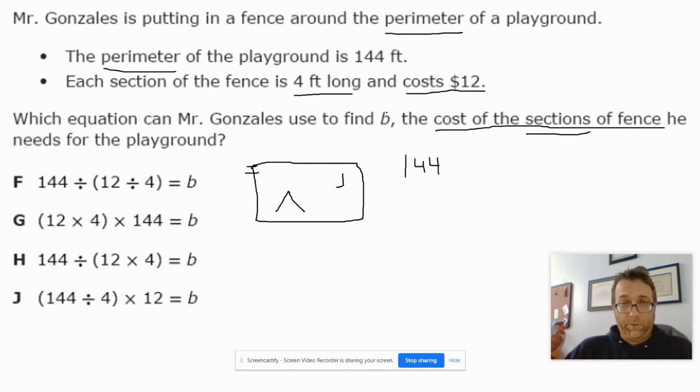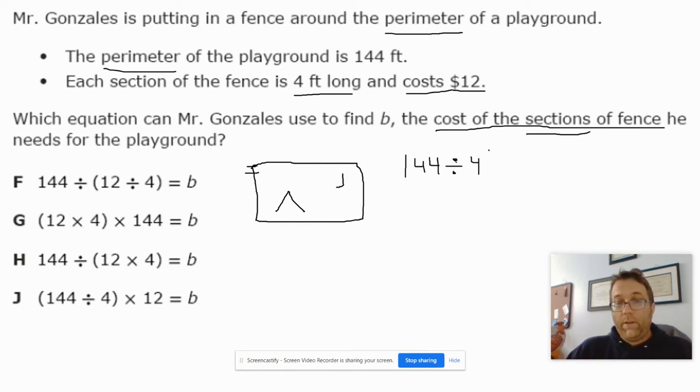So step one, you're going to take your total, 144, and we want to divide that by 4. The reason why is if you take your total and we divide it up by 4 feet, we're splitting that total into 4 feet parts, and we want to see how many parts we get, or in this case, how many sections we get.